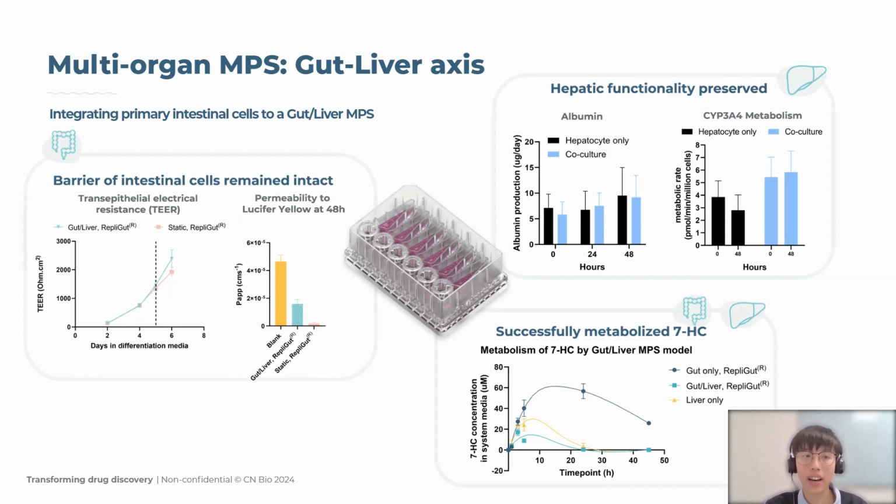Results suggested that the MPS model has been able to metabolize the compound, and this could be done either by just the gut or liver model alone, or collectively as an interconnected gut-liver model. So, the ability of this gut-liver MPS model to metabolize 7-HC indicates that the model might be suitable for ADME studies for more drug compounds.